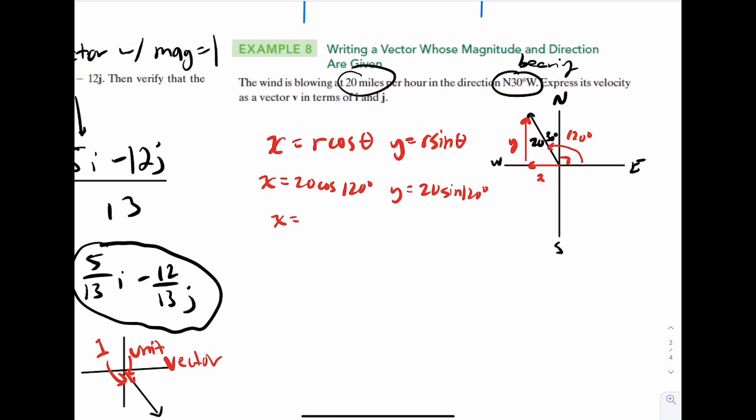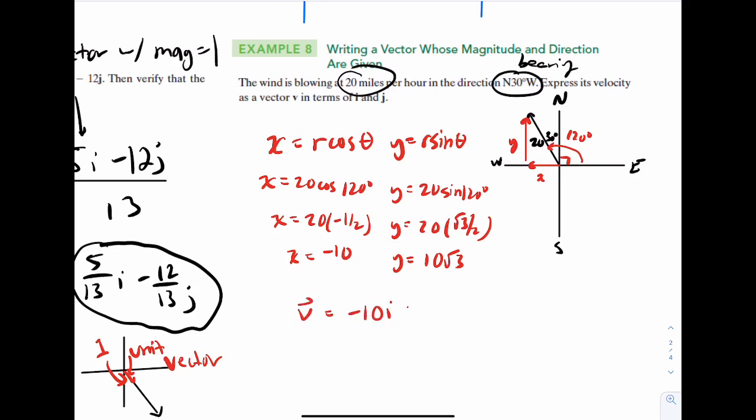So we do our trig, that would be 20 times negative 1/2, x is negative 10, y is 20 times root 3 over 2, so y is 10 root 3, and there we have it. Our vector is negative 10i plus 10 root 3j.